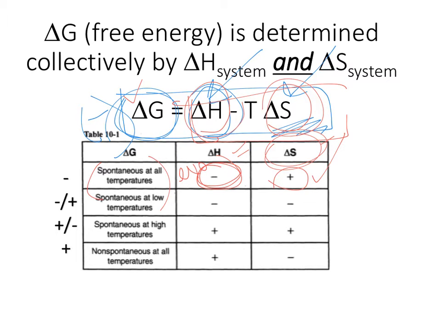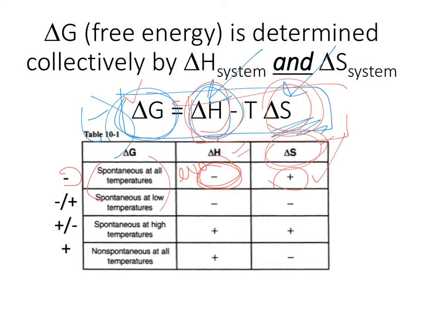So if you ever observe something happening, like you observe salt dissolving in water, you know right away that the free energy for dissolving of salt in water is negative. You don't have to do a calculation.